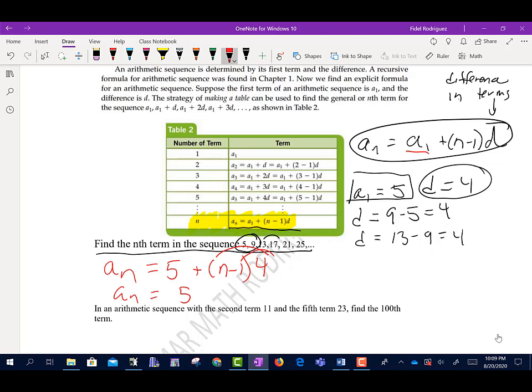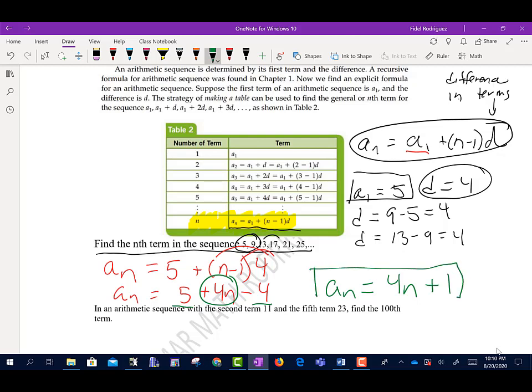So 4 times n is going to be 4n. 4 times minus 1 will be a minus 4. Now I can combine those numbers, and we'll say a_n equals 4n, and 5 minus 4 is positive 1. And there's my formula for the nth term of that particular sequence.